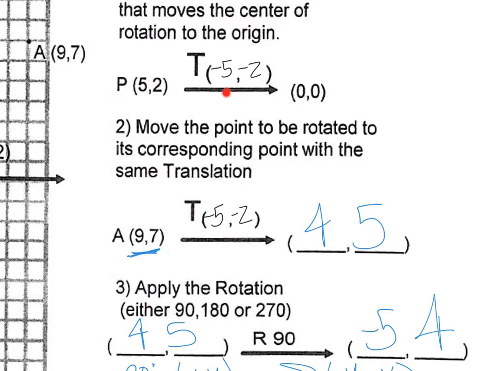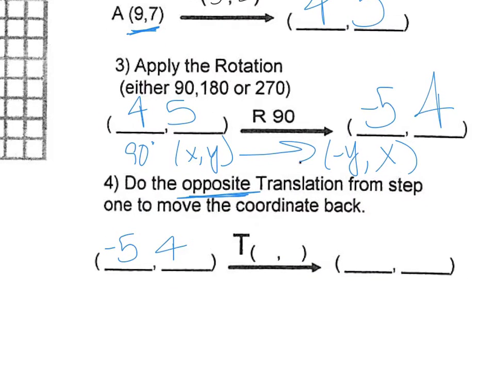If we had moved things left 5 and down 2, now we're going to move them right 5 and up 2. So I'm going to put a positive 5 and a positive 2 right there, and the coordinates of my final answer are going to be (0, 6).